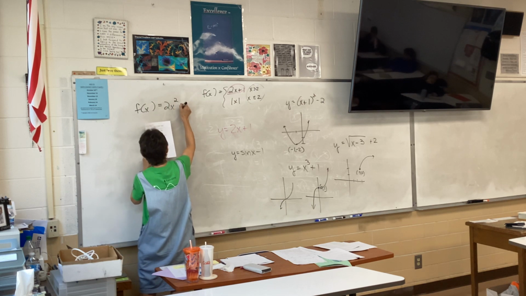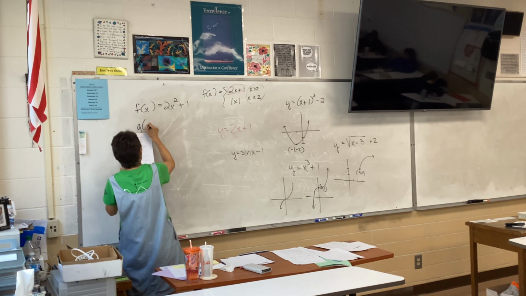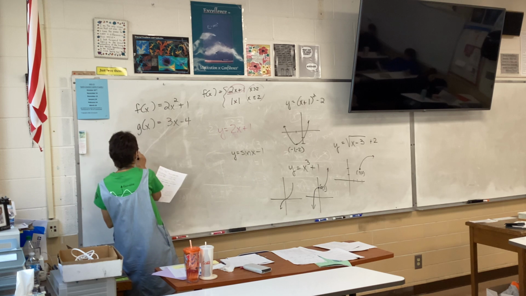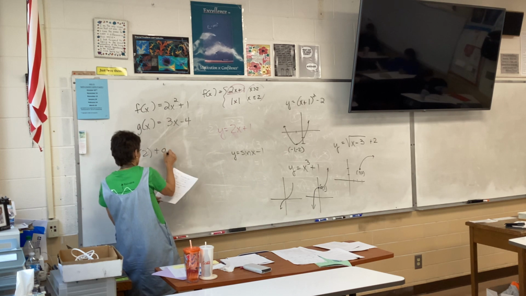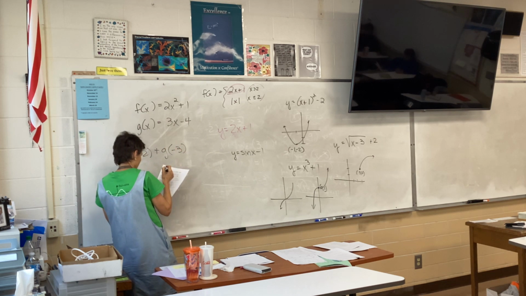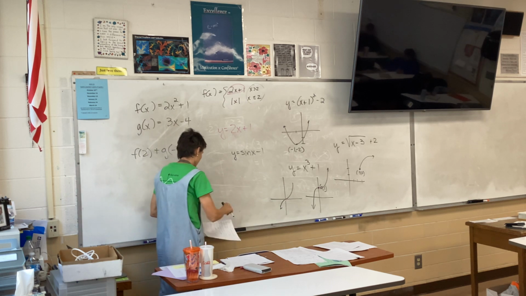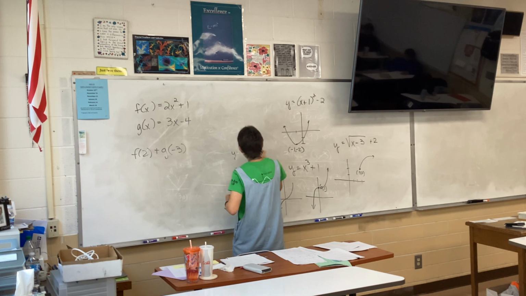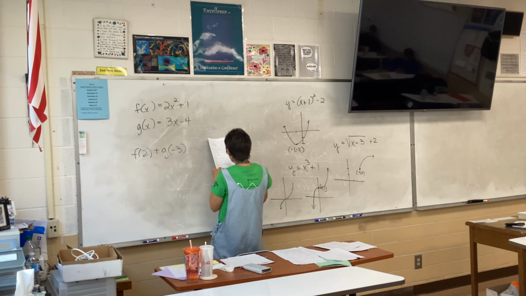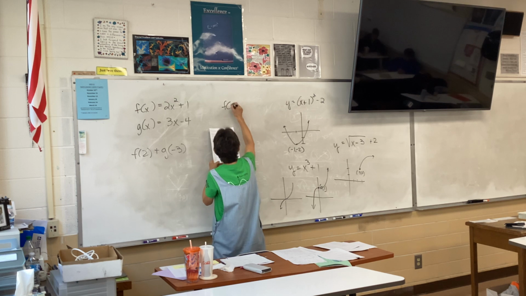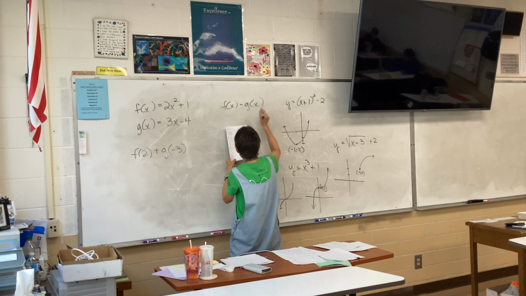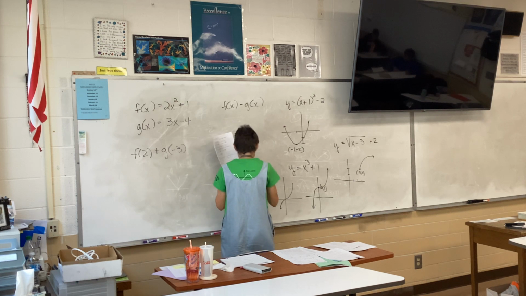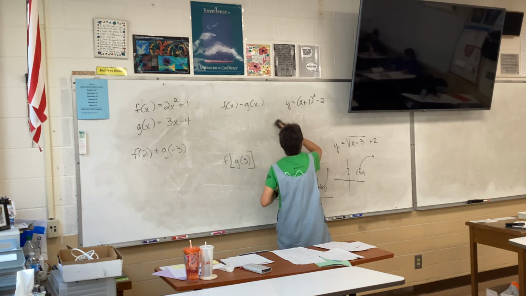One more section and this test will be over. All right, so we've got a couple of random functions called f and g, and we are going to do some things with them.